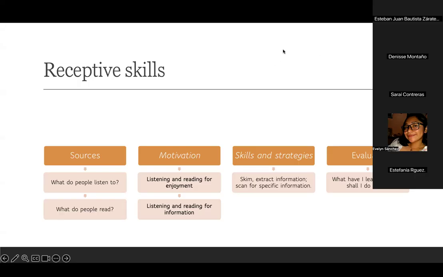And then how you are going to evaluate. Remember that this process of evaluation, as it says in the question, what have I learned? What shall I do now?